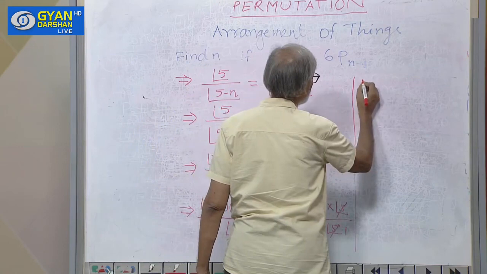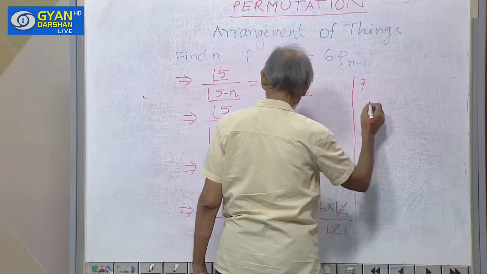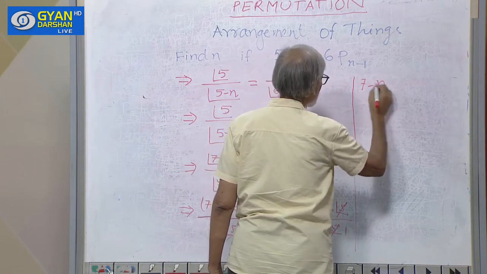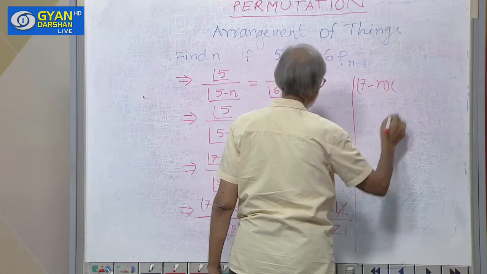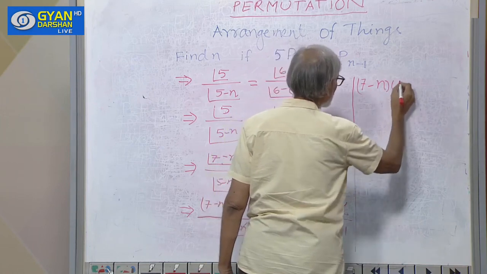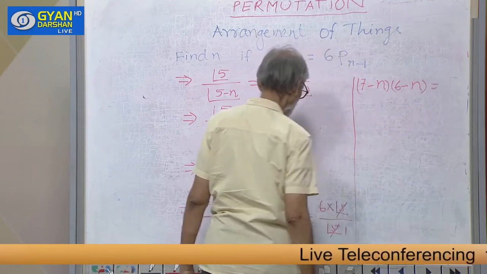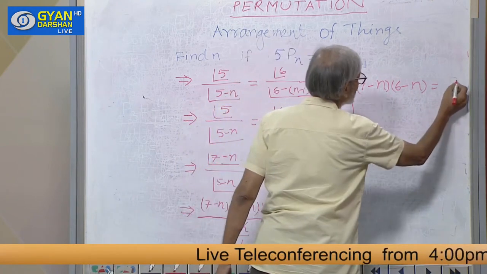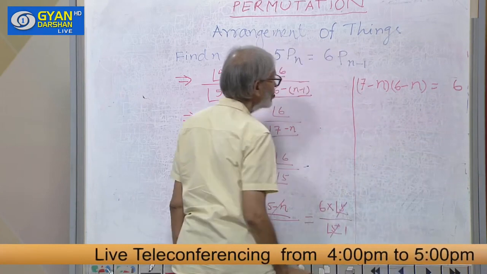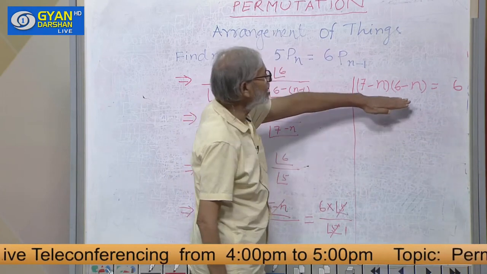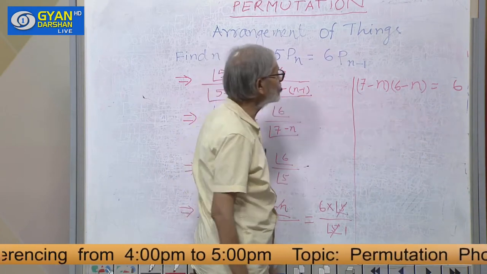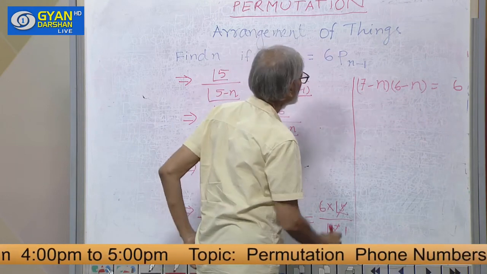So this will be 7 minus n into 6 minus n, will be equal to 6. Now this is a simple quadratic equation we have to solve, and you can solve it easily.